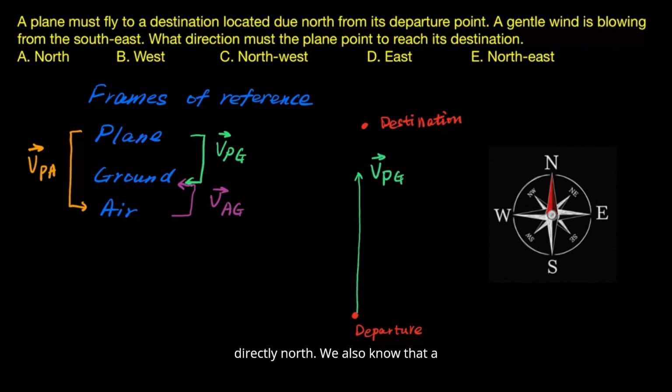We also know that the wind is blowing from the southwest, meaning the air is moving towards the northeast. So the vector Vag points towards the northeast. Because this is a gentle wind, its speed is relatively smaller than the plane's speed, so when we draw the wind velocity vector, its length is relatively shorter.